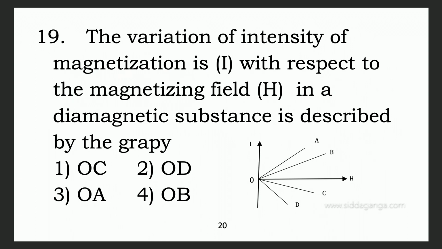The variation of intensity of magnetization I with respect to a magnetizing field H in a diamagnetic substance is described by the graph. So I gave you the graphs I versus H. There is less response but opposite response in the case of diamagnetic.